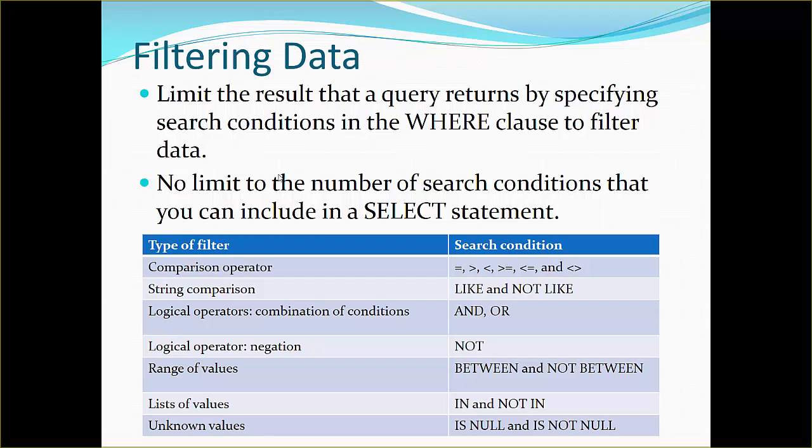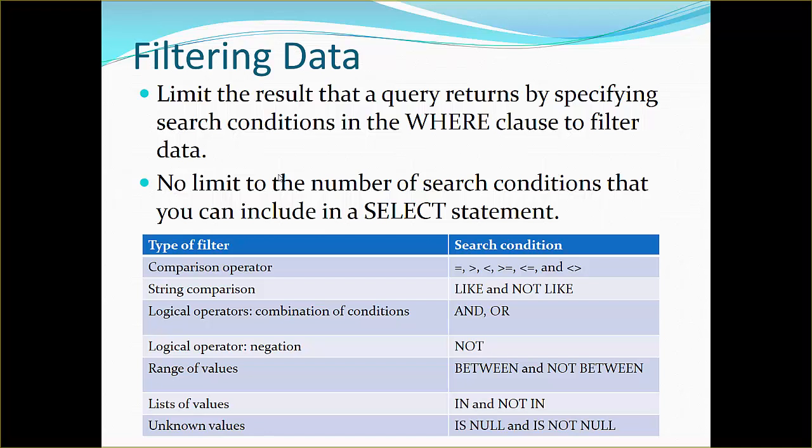Now, the first filter is the comparison operator, and the comparison operators are equal to, greater than, less than, greater than or equal to, less than or equal to, or not equal to. In the prior example, when I said return products that have sale price greater than 0, you can see that in that case you would have to use a comparison operator in conjunction with your where clause.